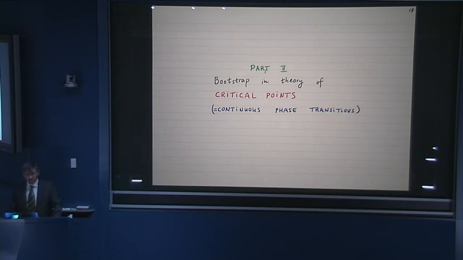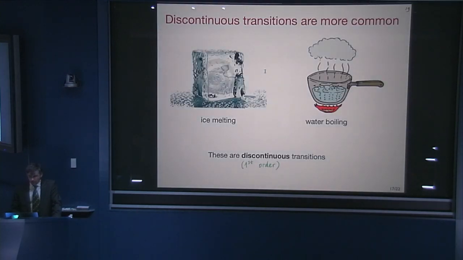I will show that this Bootstrap idea actually does work in very different parts of physics, in a part of condensed matter physics which is concerned with continuous phase transitions or critical points. So I'm switching gears quite severely.